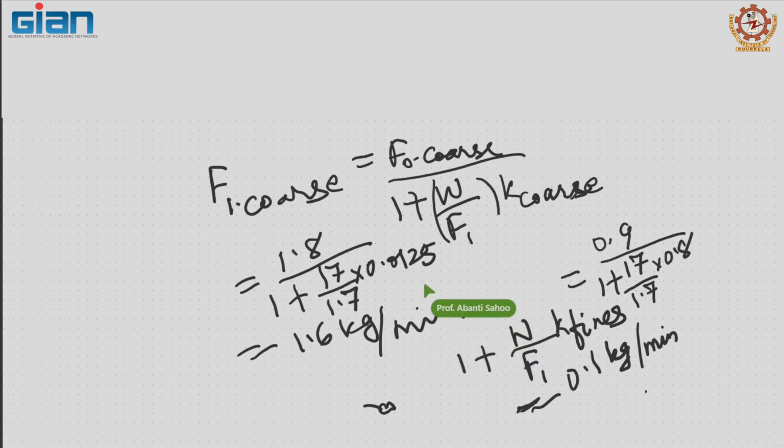Now, we can get F2 of fines. Similarly, F0 of fines equals F1 of fines plus F2 of fines.